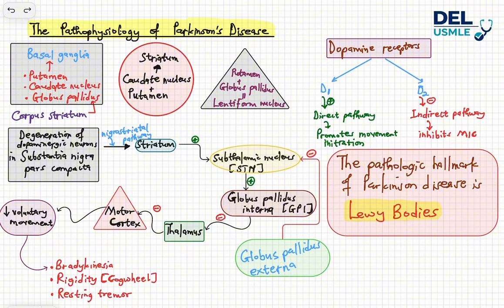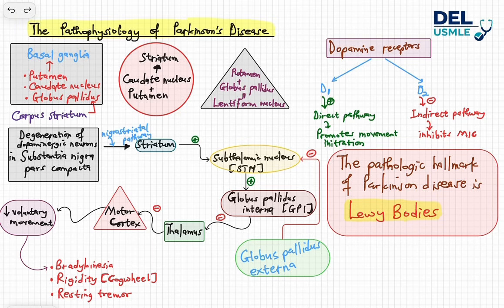Once the globus pallidus interna is not stimulated, that will result in the activation of the thalamus. And once the thalamus is activated, it will be sending excitatory signals, that's through glutamate, to the motor cortex. And the motor cortex will be increasing voluntary movement. And that is how we are going to be making purposeful, voluntary movement without any restriction.